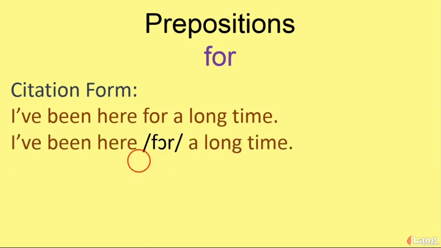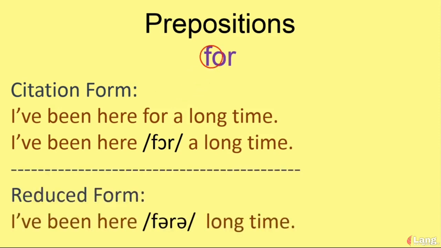In IPA, we would spell for like this. This, what looks like to be a backward C, plus the R, is pronounced in American English as or. And so we say for. I've been here for a long time.